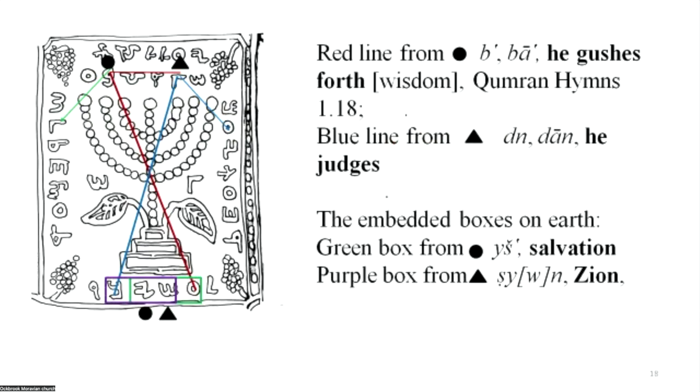Now, this is an image that is going to be very important when we look at the bee lady in our third session today. If you take the red line, and this is the servant line, you take the red line down from heaven back to earth, you have the verb for gushing forth. And this is something that you find frequently said of the prophets, that they gush forth wisdom teachings.